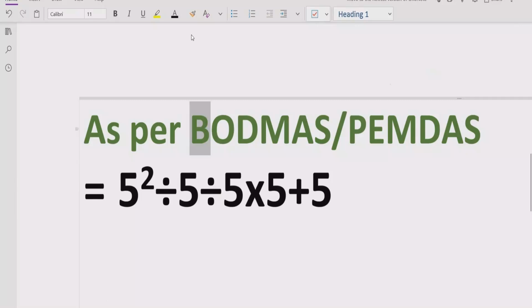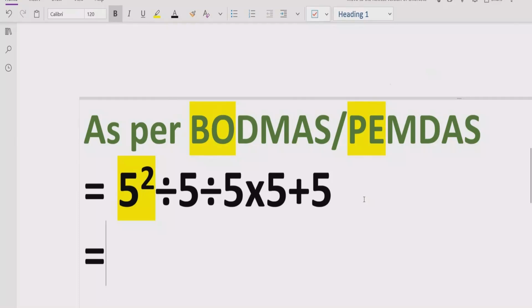Now move forward and solve the given expression. According to the BODMAS and PEMDAS rule, first of all, we have to solve the bracket or parenthesis. But in our expression, we do not have any bracket, so we can skip. Now we have to go for the exponent part, or order of operation. We have 5 raised to power 2, a number which has the power. So we have to solve this now.